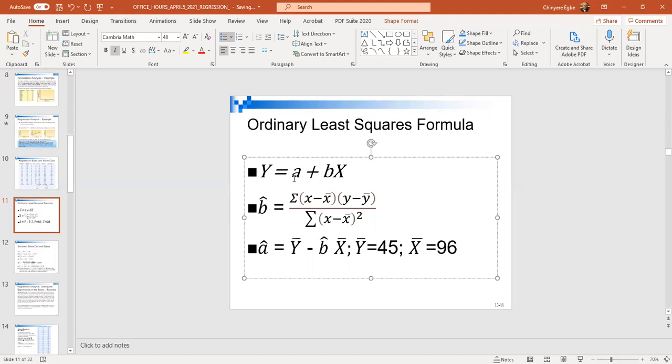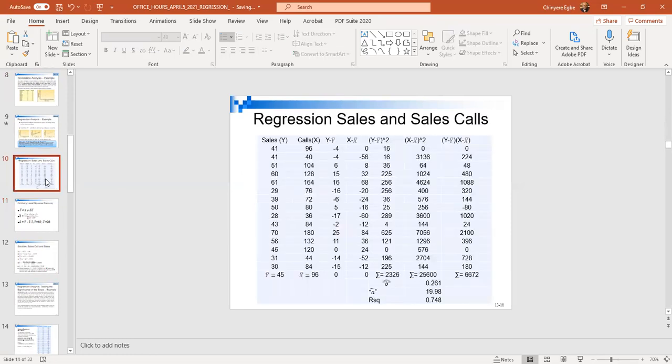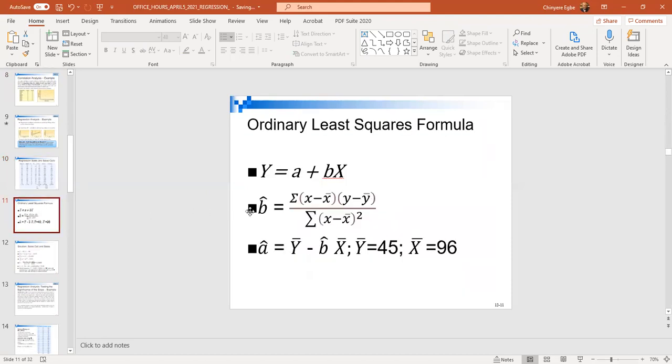So what I'm going to do is pull up the actual data. This is the data here, but I'm going to then show you how we're going to do the estimation. We're going to do the estimation using a formula, what we call a regression formula.